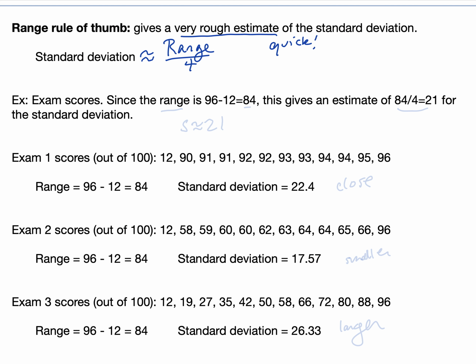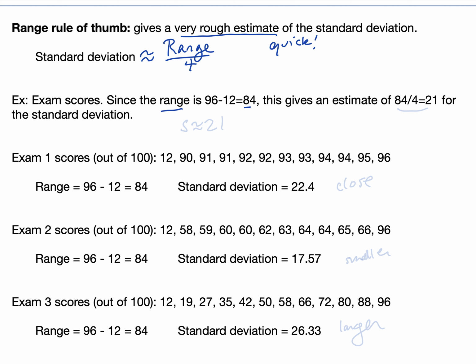As we saw in the previous examples, all 3 of those sets of exams had the same range, but different standard deviations. So obviously, it's going to depend on the situation. If we take a look at these exam scores, the range was 84, and so this gives an estimate of 84 divided by 4 for the standard deviation.